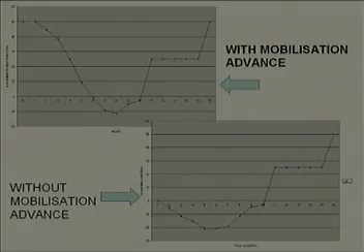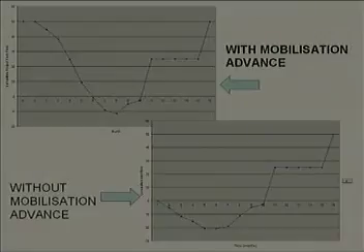So, the first graph shows the situation when the contractor has received the mobilization advance, whereas the lowermost graph shows the situation of cumulative cash flow when there is no mobilization advance.